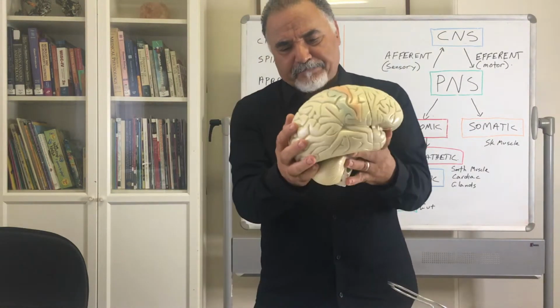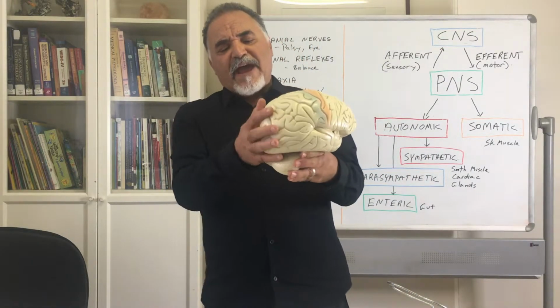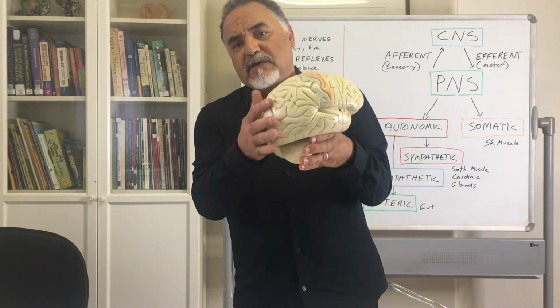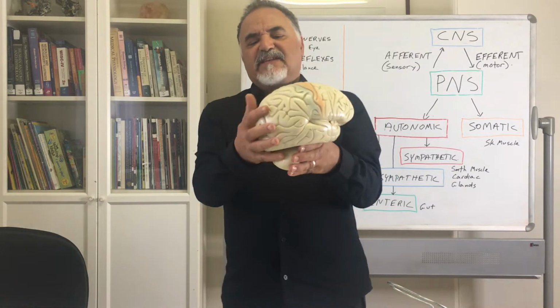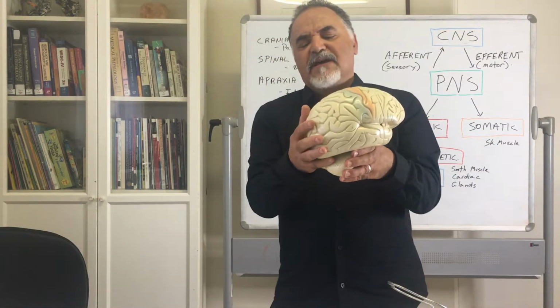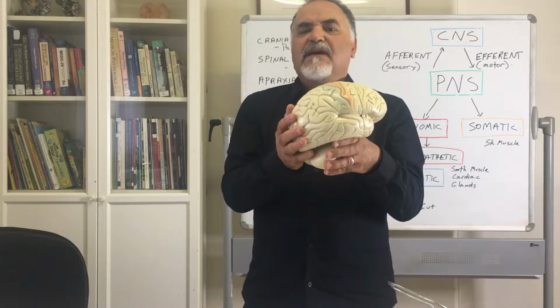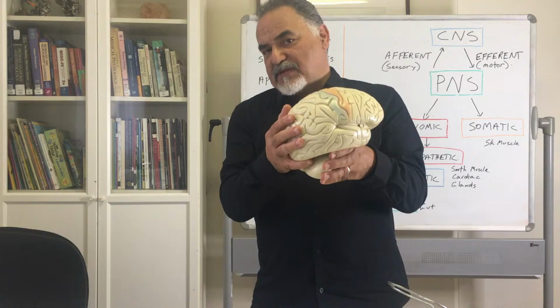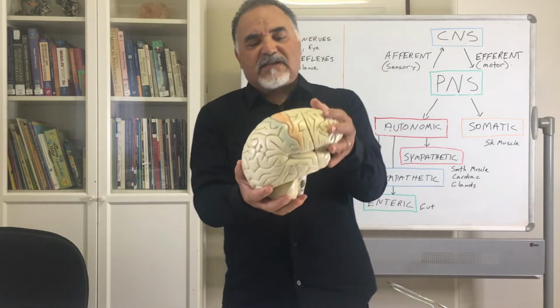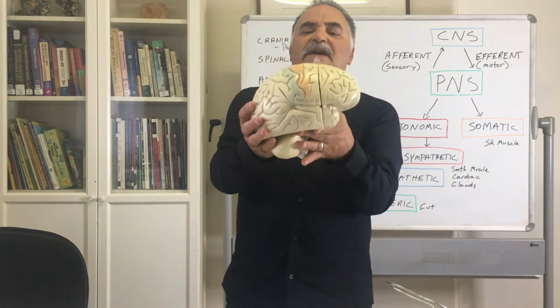At the back, we have the occipital cortex, which deals with vision, primary vision, as well as early interpretation of that vision. So the occipital cortex is towards the back.